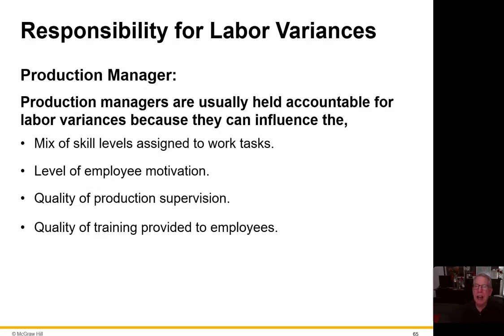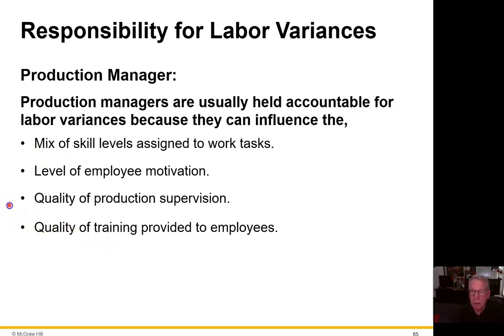Okay, now labor variances. The production manager is usually held accountable for labor variances because they can influence, one, what mix of skills you need to accomplish the work tasks. And of course, the level of employee motivation. Better motivated employees work better and more efficiently.